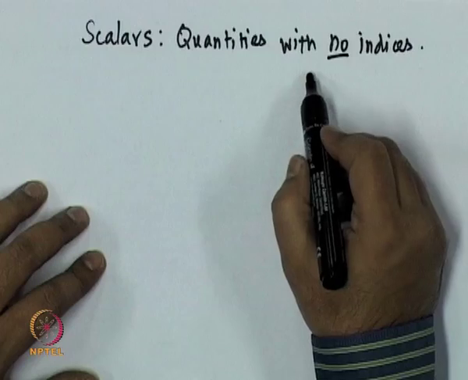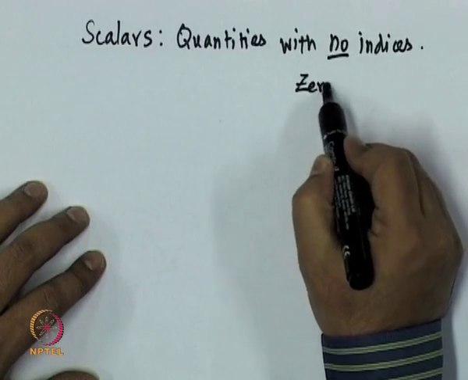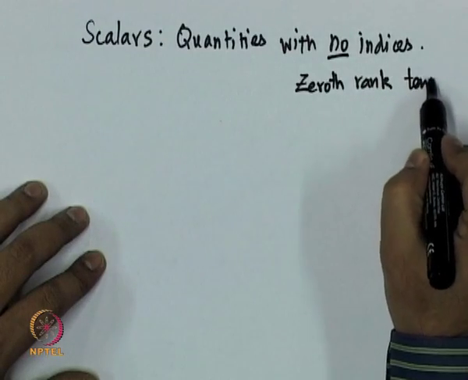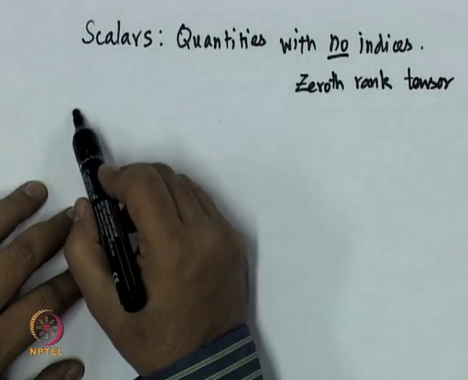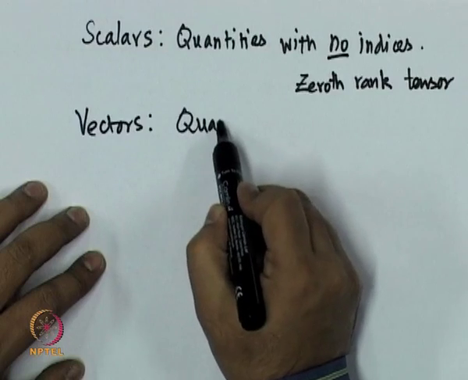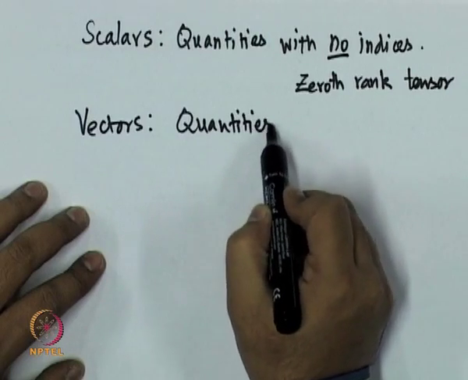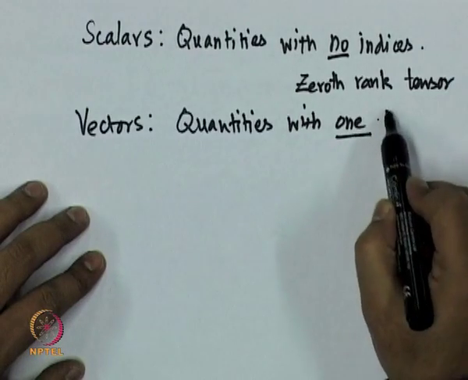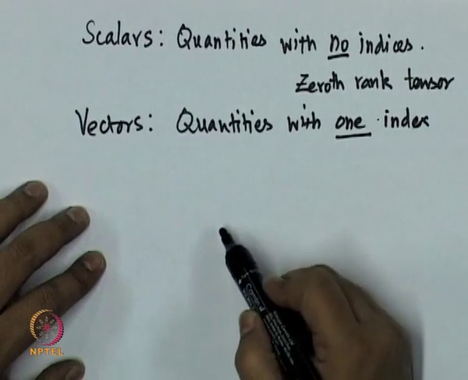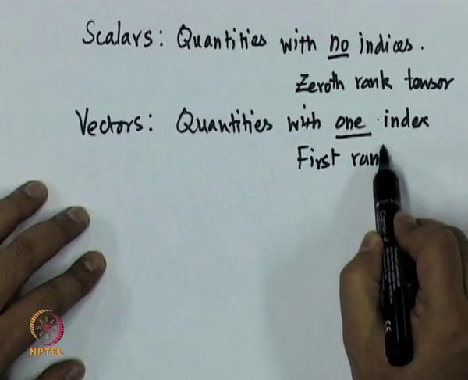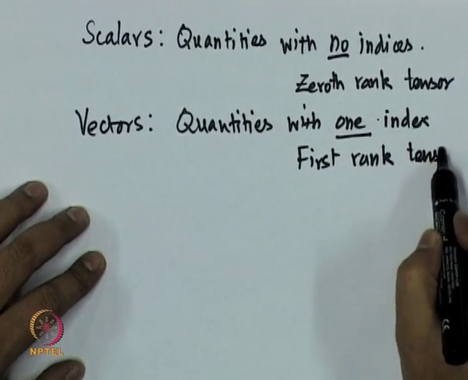So, that is why it is 0th rank tensor. Then I say vectors are quantities with one index, that is why they are first rank tensors.